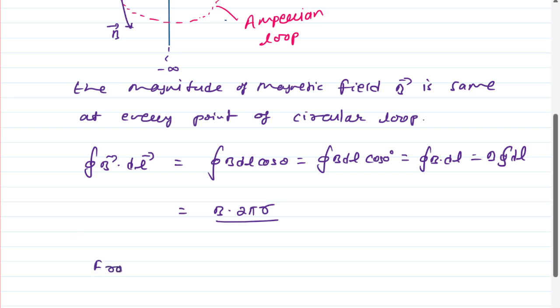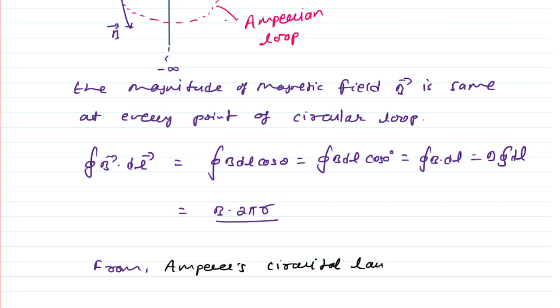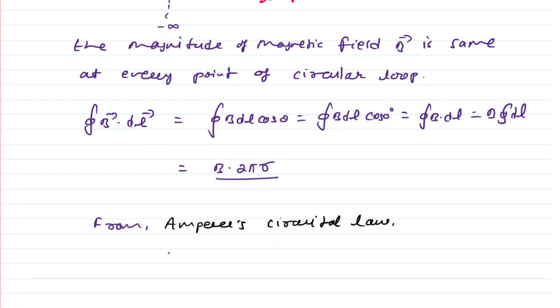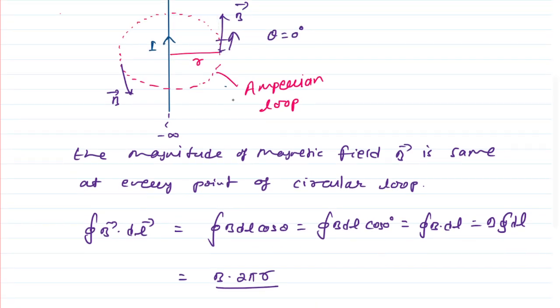From Ampere's circuital law, the line integral B dot dl will be equal to mu naught times the current which is enclosed by this Amperian loop.